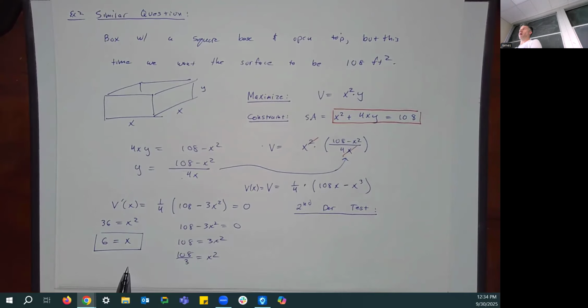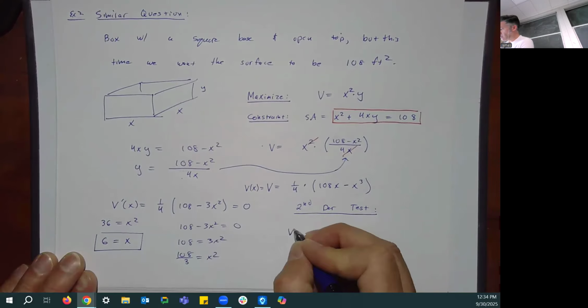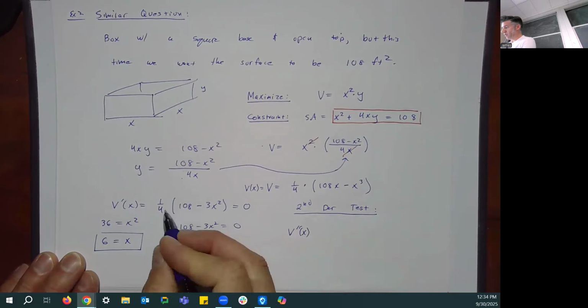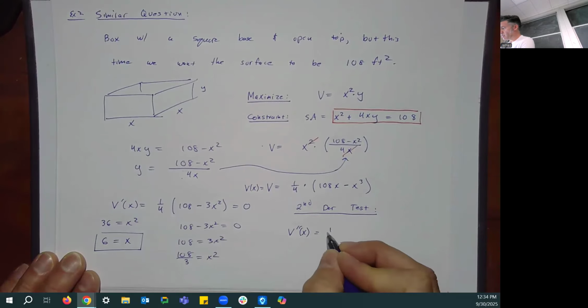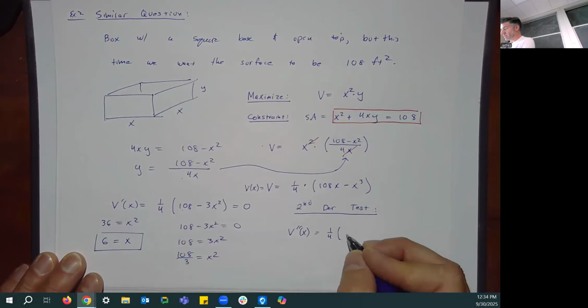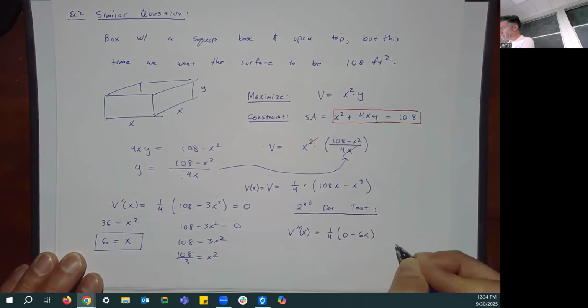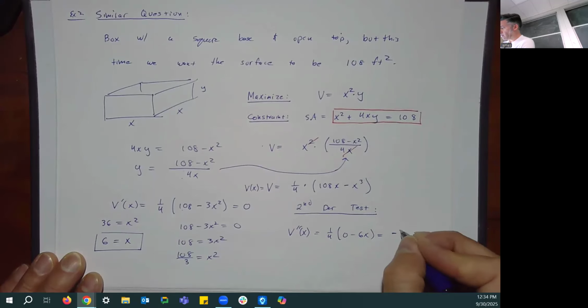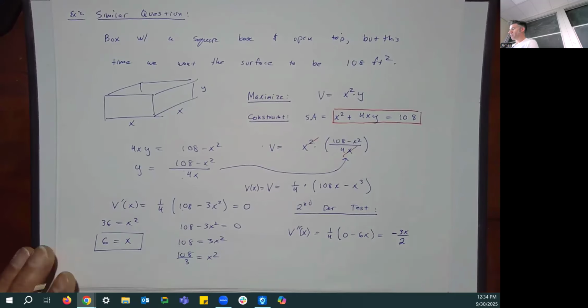You have to go back to where you have the derivative is equal to whatever it's equal to, and then differentiate that. So our second derivative here, the 1/4 is just going to hang out. And the derivative of 108 minus 3x squared is 0 minus 6x, which is equal to negative 6x over 4, or negative 3x over 2.